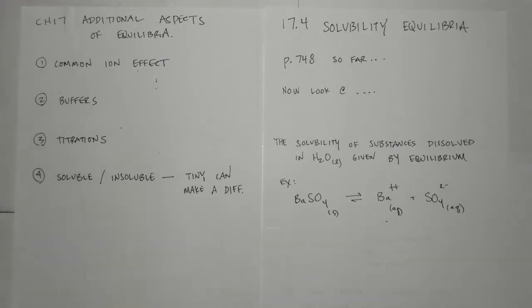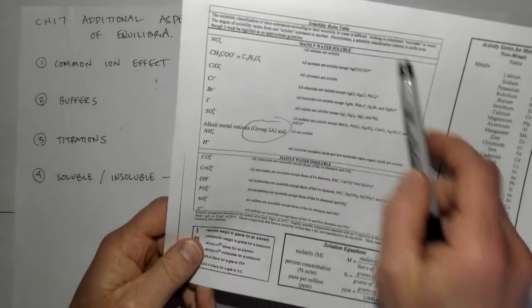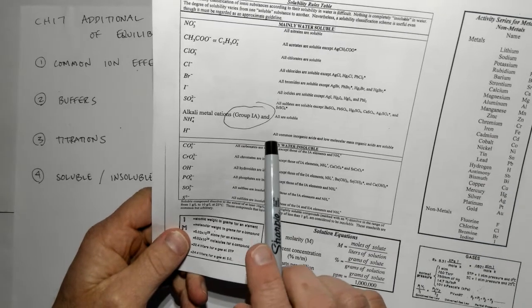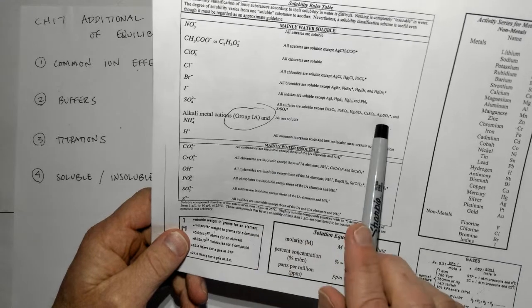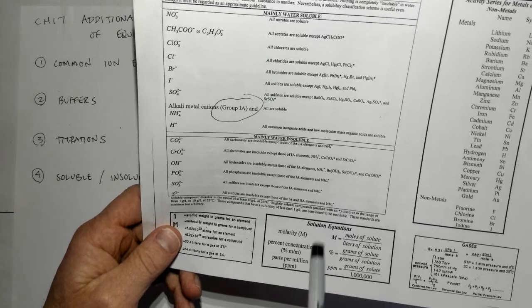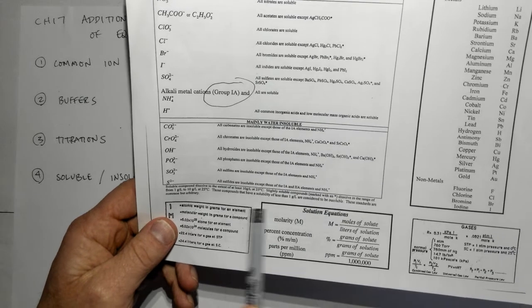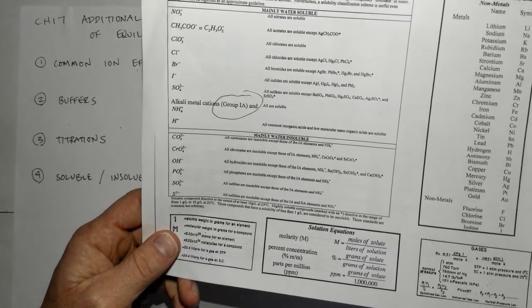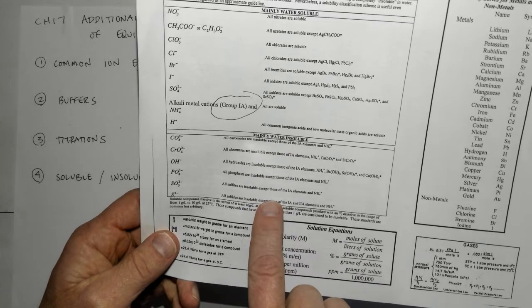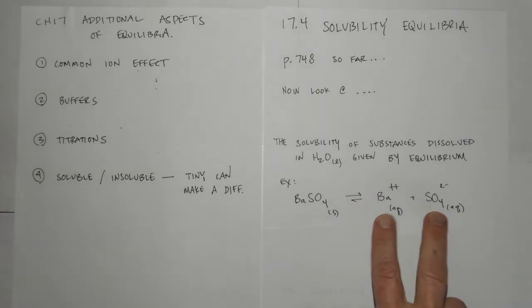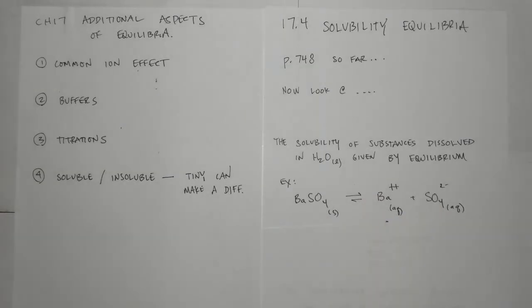If you look at your periodic table, remember we had a solubility table right here, and some of them, like strontium sulfate, silver sulfate, and barium sulfate, are slightly soluble, marked with an asterisk. Those slightly soluble ones, even ones that are mainly water insoluble, usually end up in equilibria like this, because just a little bit of them will dissolve, and that little bit can make a big difference.